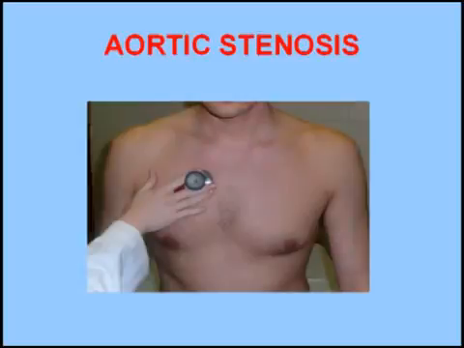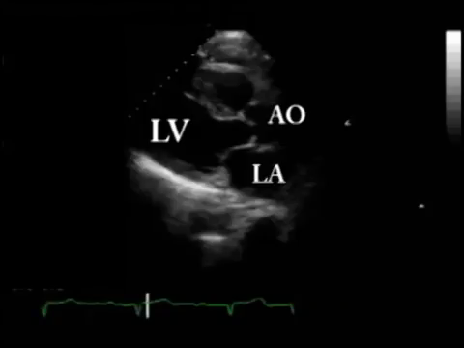This murmur is heard best with the patient sitting up and leaning forward. Echo Doppler studies can directly measure the gradient across the aortic valve, allowing a calculation of aortic valve area.